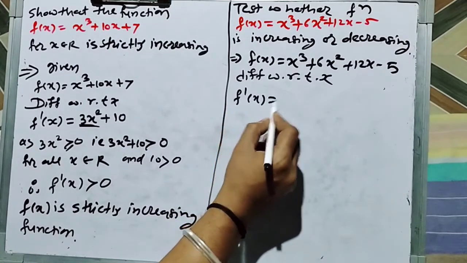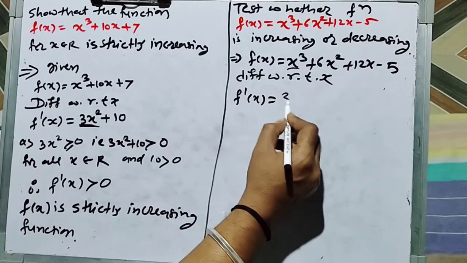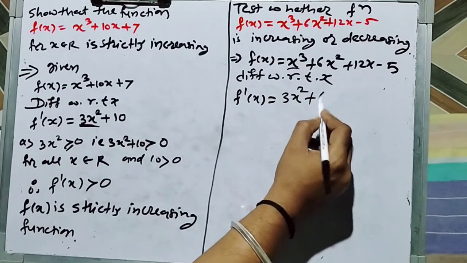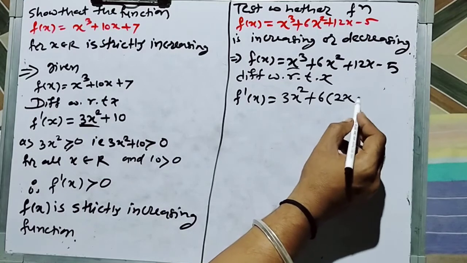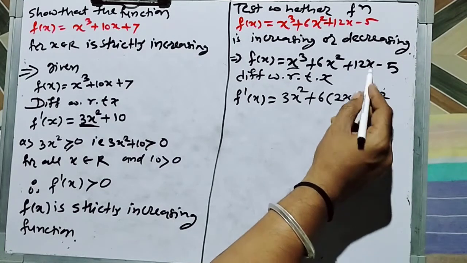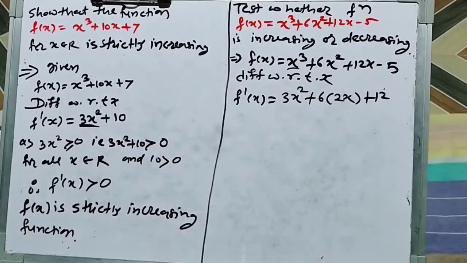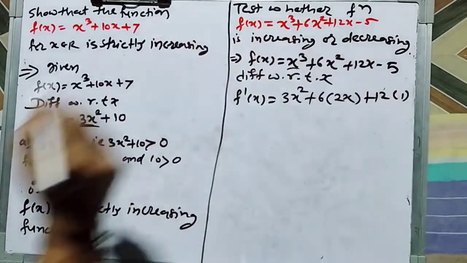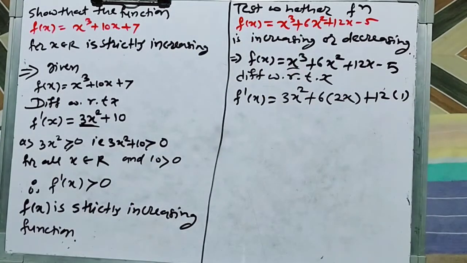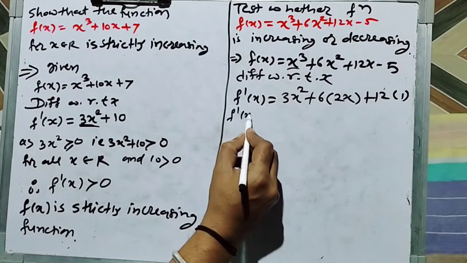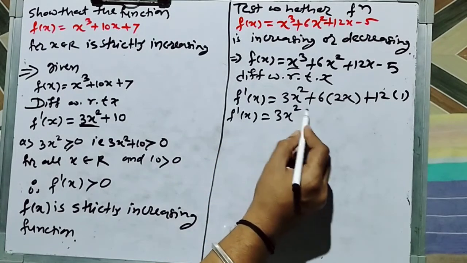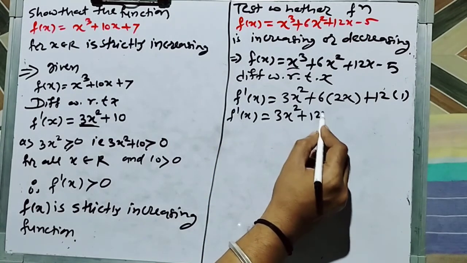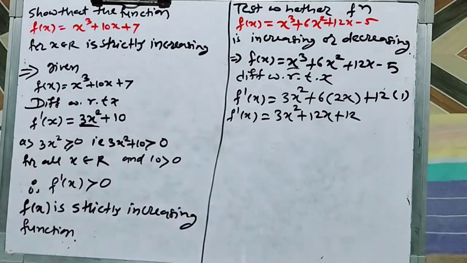So f'(x) is equal to the derivative of x cube, which is 3x square, plus 6 times the derivative of x square, which is 2x, plus 12, the derivative of x being 1, and the derivative of 5, a constant term, is 0. So f'(x) = 3x square plus 12x plus 12.